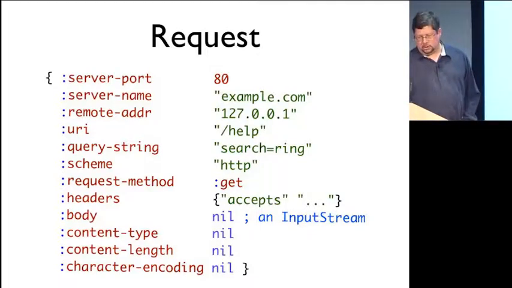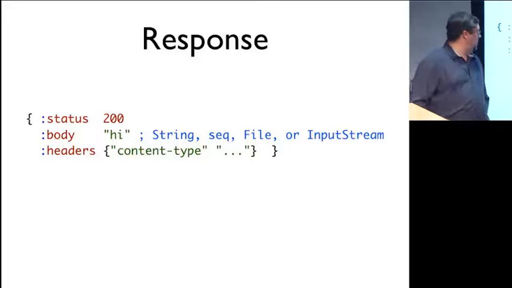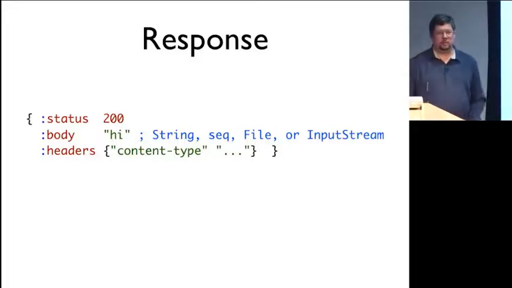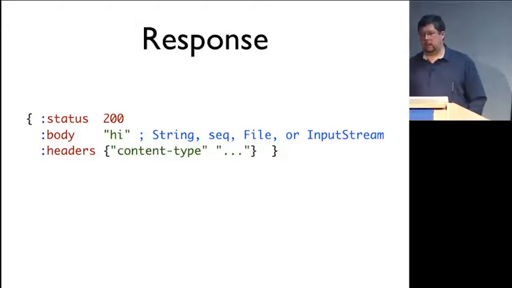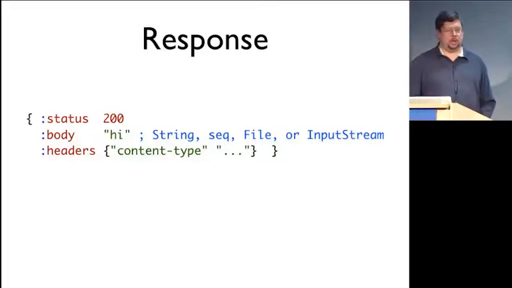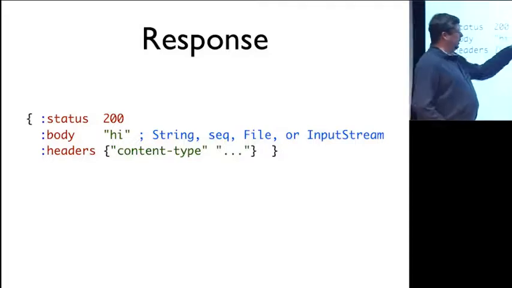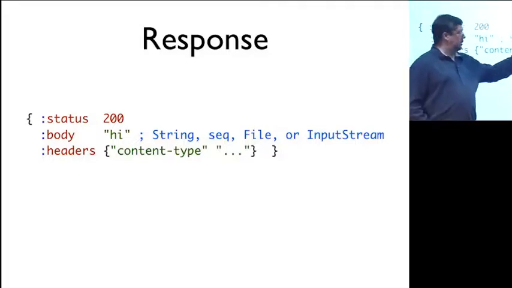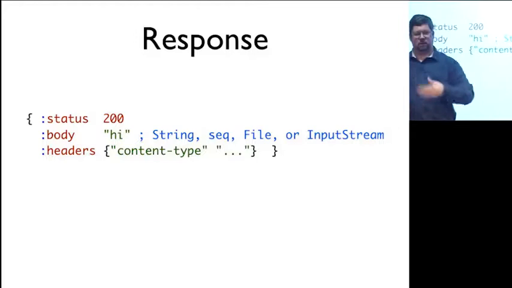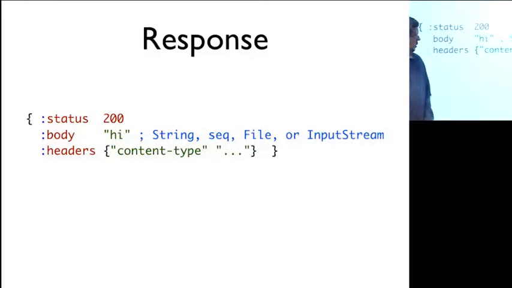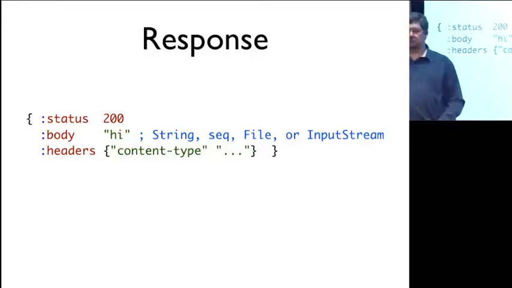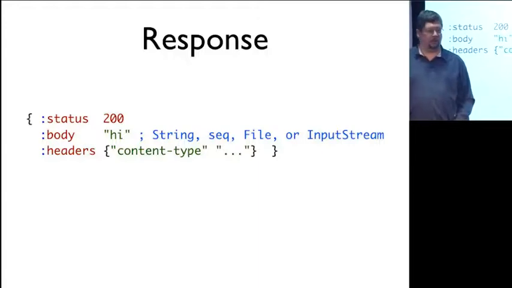And at some point, you'll want to generate a response. And the response is also a map with a status, a map of headers, and a body. And that body can either be a literal string, as it is here, a sequence which will be joined and converted into strings, a file from which the body will be read, or an input stream.